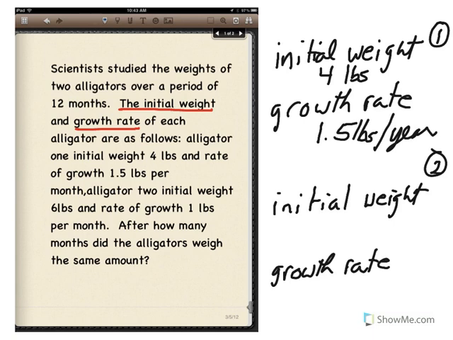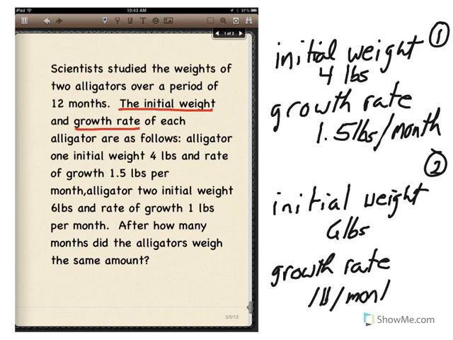Excuse me, per month. We see for the second alligator that the initial weight is 6 pounds, and the growth rate is 1 pound per month. Please pause the video and copy this into your notes.